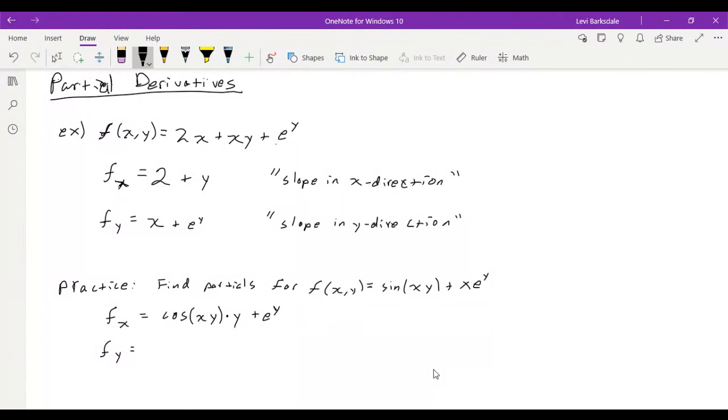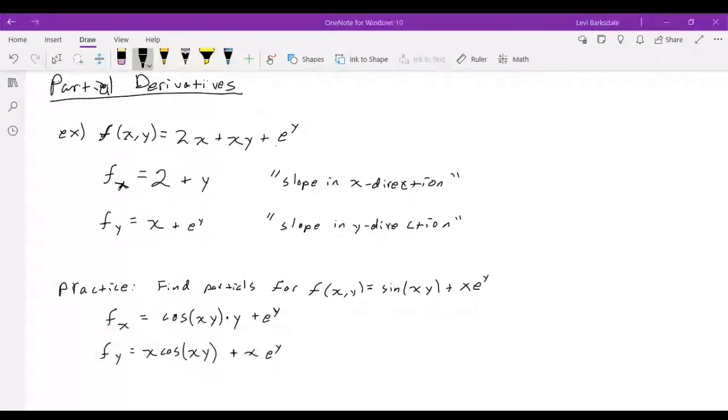You made one slight mistake. You are correct. The derivative of sine of xy with respect to y would be x cosine of xy. I think your mistake, though, is you took the derivative of e to the y and got 1. But remember, the derivative of e to the y with respect to y would just be e to the y. We leave our x out front as a coefficient. Make sense?